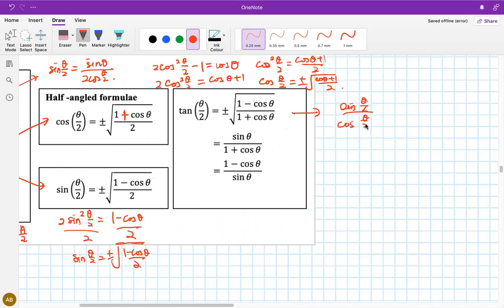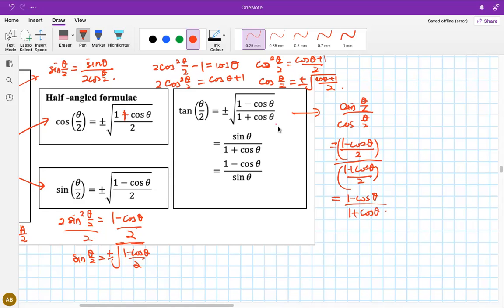This one is 1 minus cos theta over 2, and then divided by 1 plus cos theta over 2. So you divide, and eventually you get 1 minus cos theta over 1 plus cos theta, all under a square root.